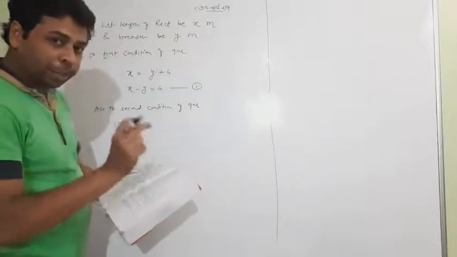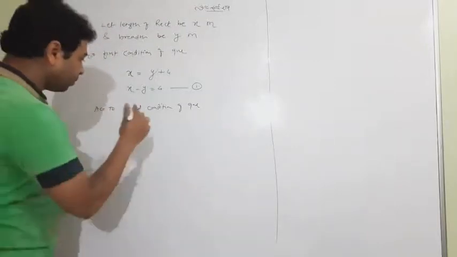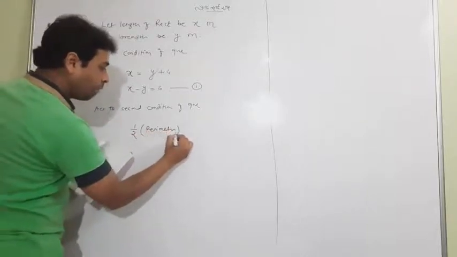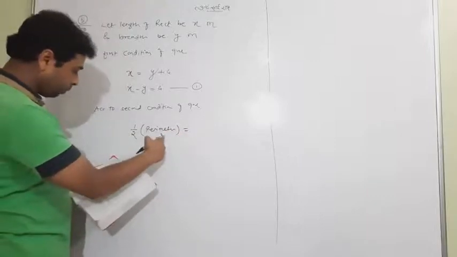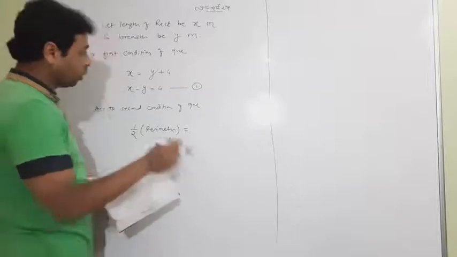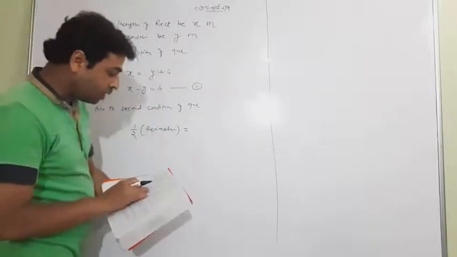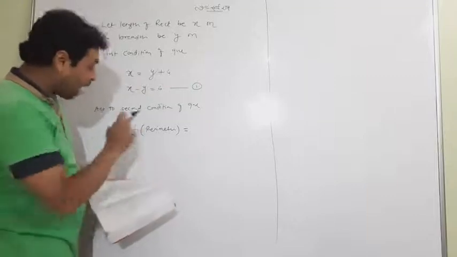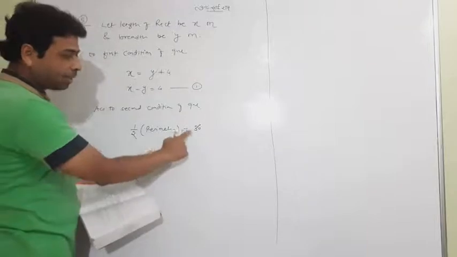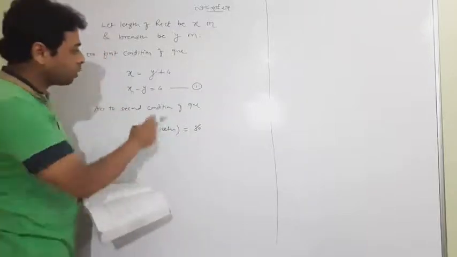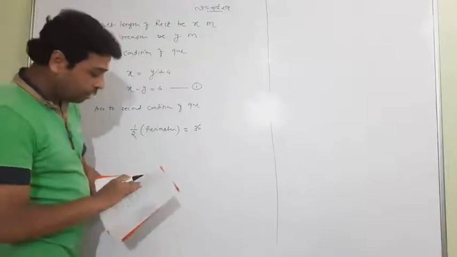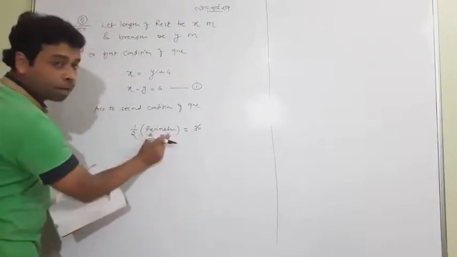Half the perimeter, in the beginning it is written, half the perimeter of the rectangular garden whose length is 4 meter more than its width, which was the first condition we already treated, is 36. Now read it like that. Half the perimeter is 36. Between them, whatever the sentence, it was actually the first condition. Half the perimeter of the rectangular garden is 36 meter.